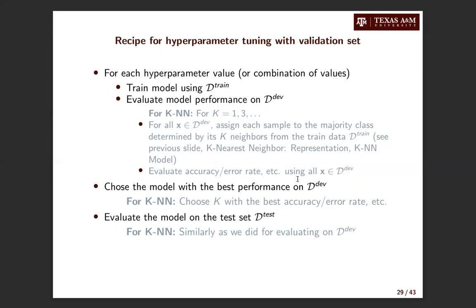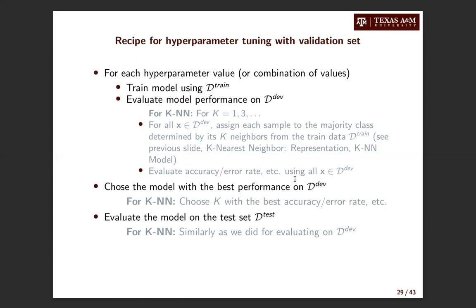After we have done this for all possible hyperparameter values, then we choose the hyperparameter combination that yields the best performance on the development set, and we use that hyperparameter combination in order to test our algorithm on the test set and provide our final result on the test set.